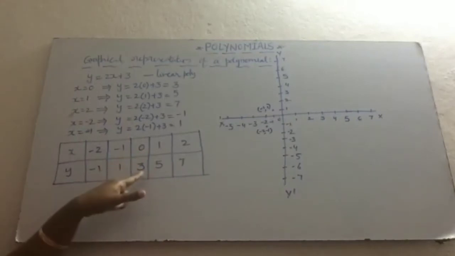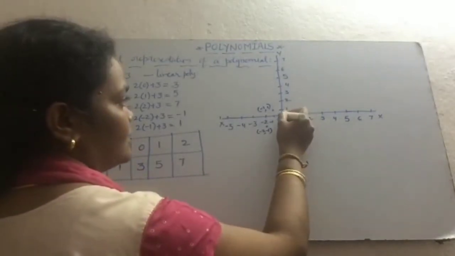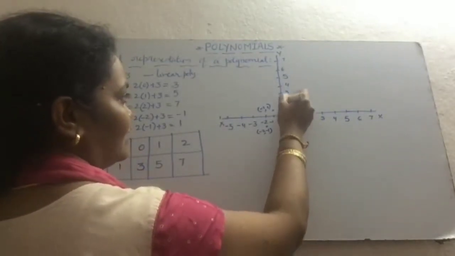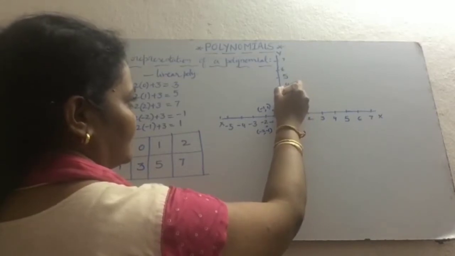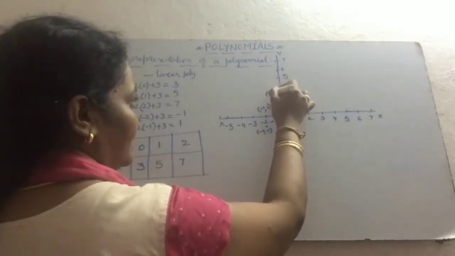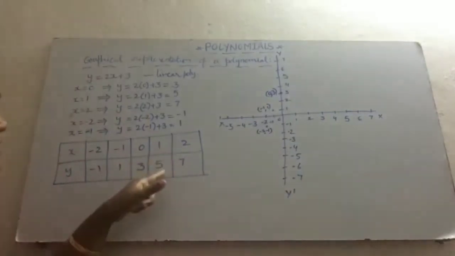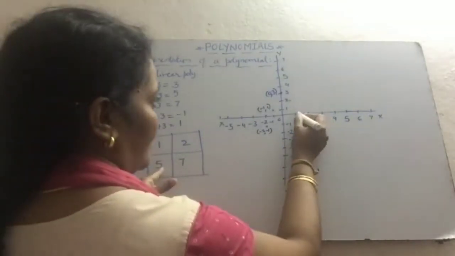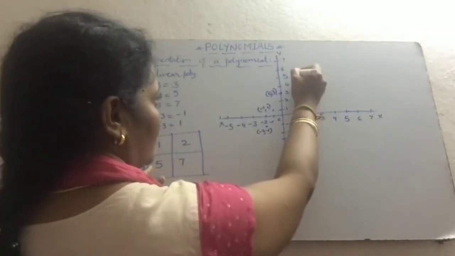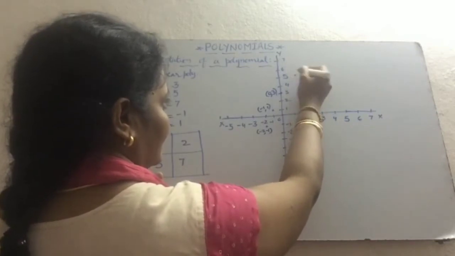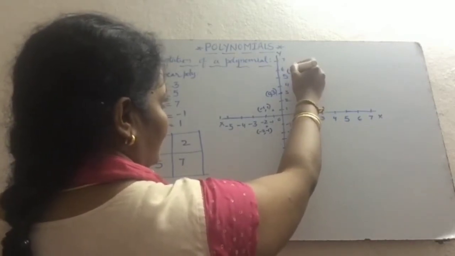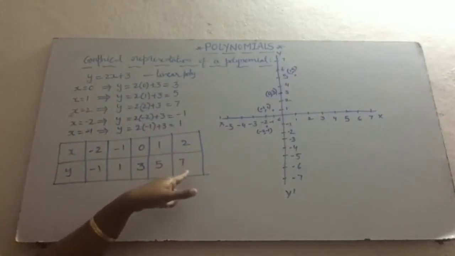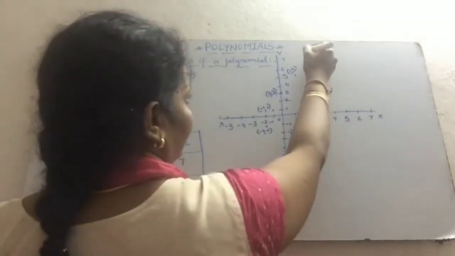And next x is 0. X is 0 and y is 3. So here 0 comma 3. And next x is 1 and y is 5. So here 1 comma 5. And next x is equal to 2 and y equal to 7.